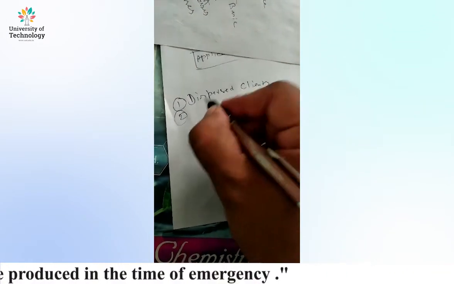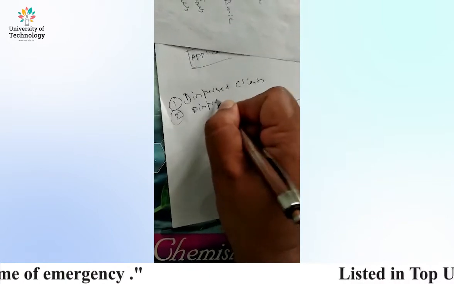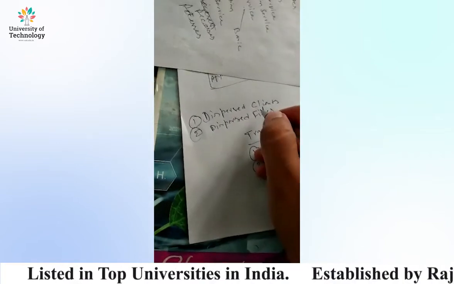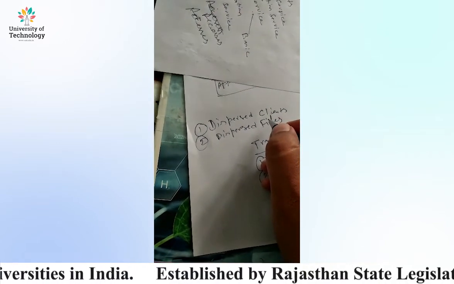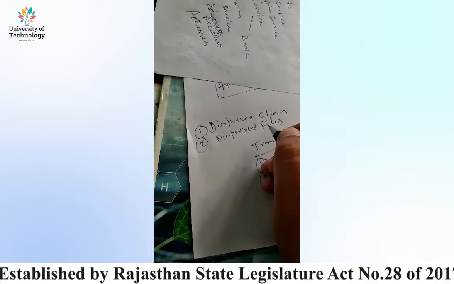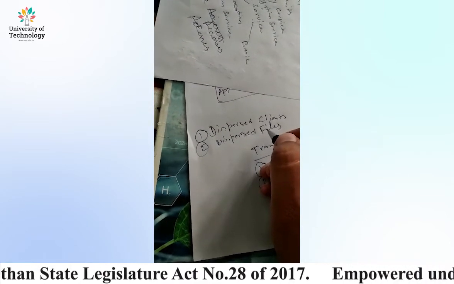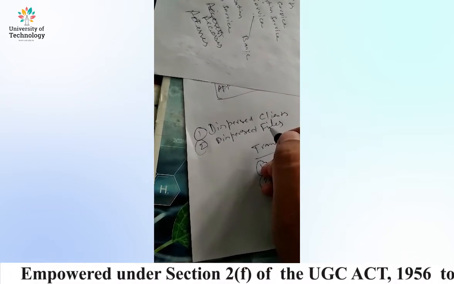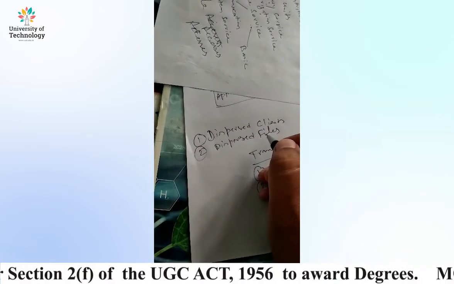Second point is dispersed files. The names used to refer to files need not contain information about their physical location. So location transparency and location independence: files can be moved from one location to another without changing their names.